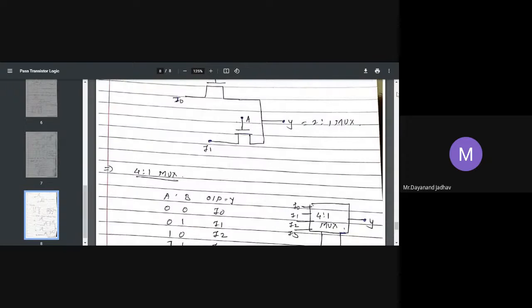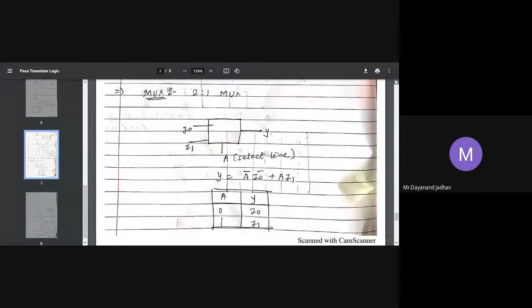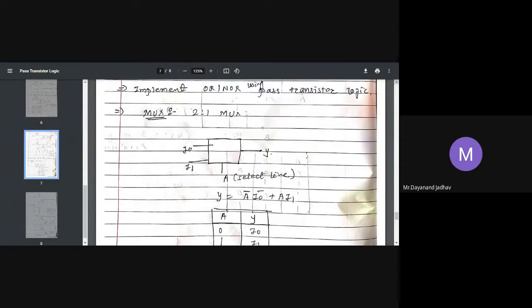Multiplexer design: as we know, mux means many into one. There are different types of multiplexer: 2 to 1 mux, 4 to 1 mux, 8 to 1 mux. The 2 to 1 mux shows the selection of the output from the inputs.